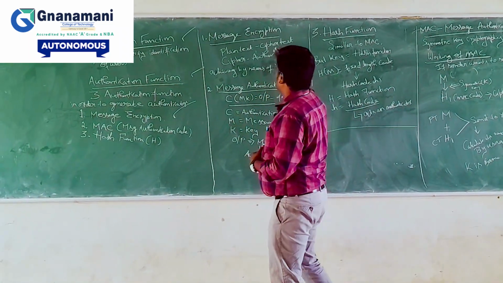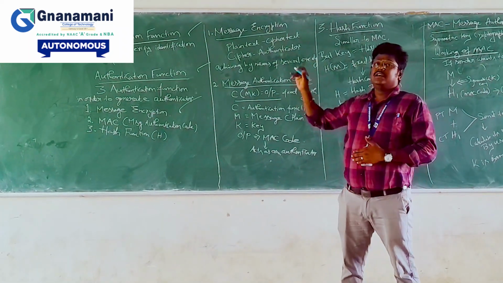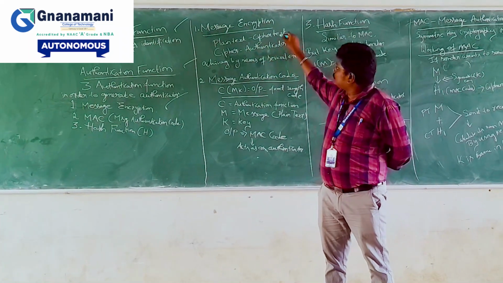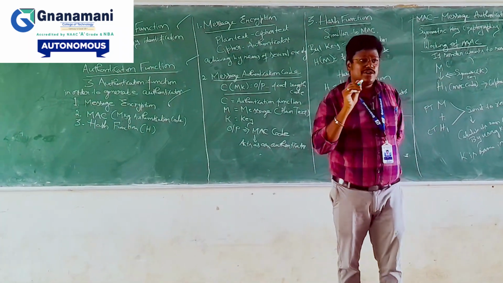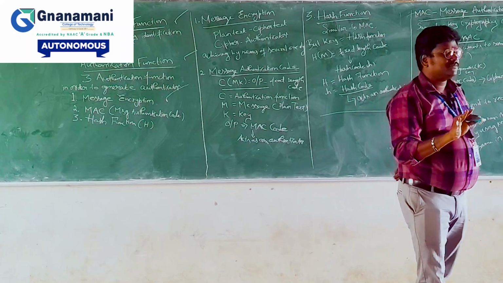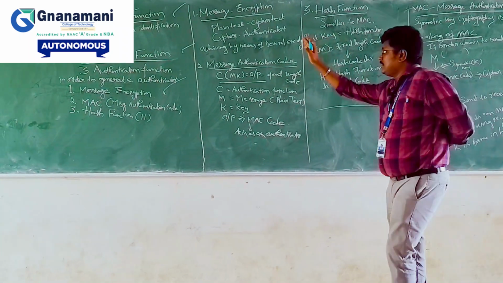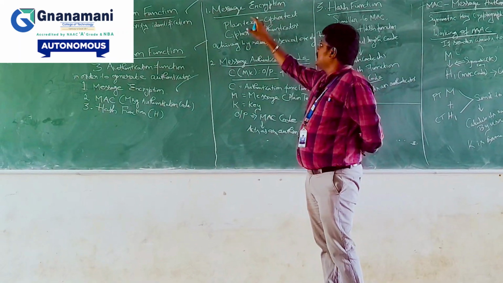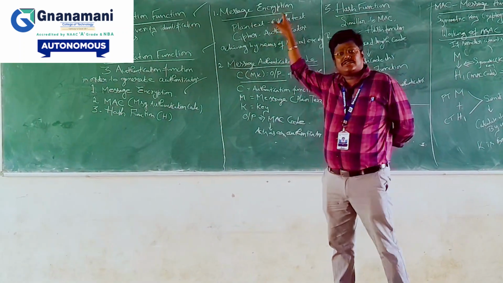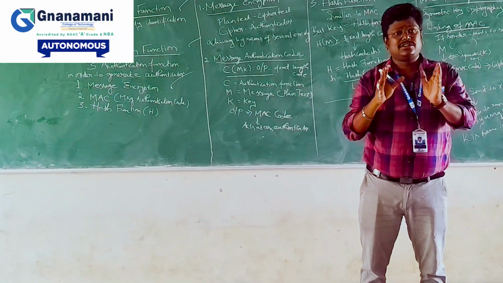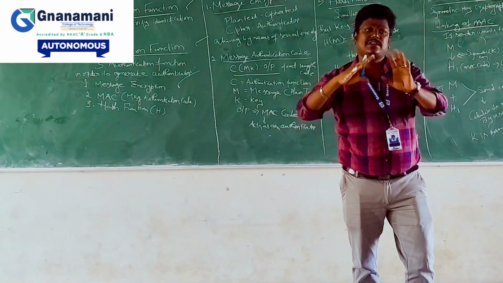Here we are going to see the encryption. This is a plain text. The plain text is converted into a ciphertext. What is the meaning of plain text? A normal message is a plain text here. This will be converted into a ciphertext. The ciphertext is the text transformed into some other form.